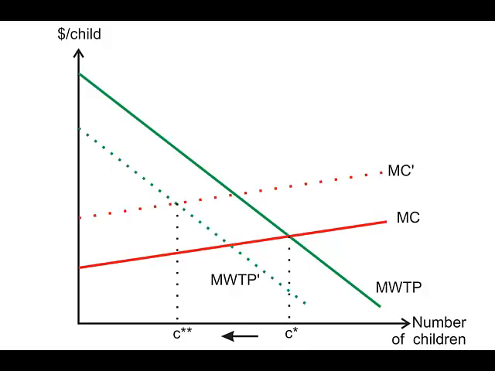The result is that we've now got a new equilibrium for the number of optimal children that a family might choose, that's gone from C star to C double star, which is in this graph a substantial reduction in the number of children that a household might have. And what's interesting is how this fits into the historical patterns that we've seen in the world.